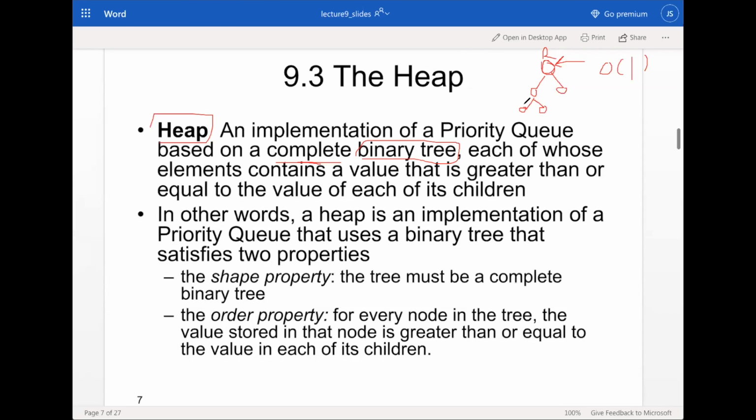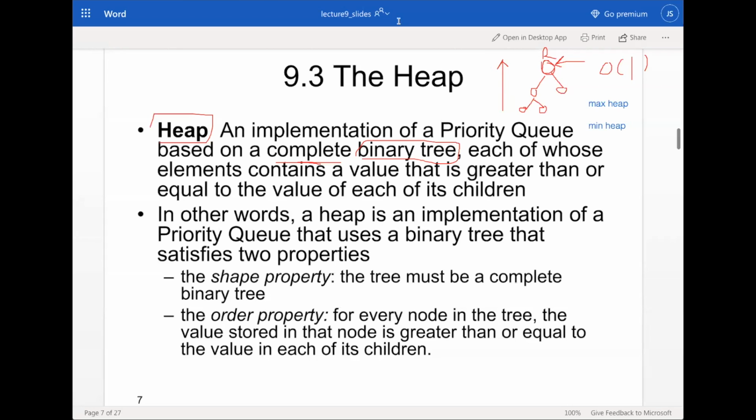So you have something like this. The order of importance goes up from the bottom, the children, the leaves, all the way to the root. This is what we call max heap. In fact, the inverse is true. You can build what's called a minimum heap, which is the opposite of your max heap. In this case, the lowest priority item, the minimal value, will be at the top.